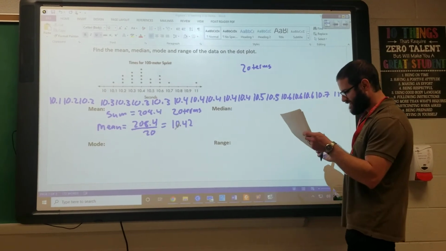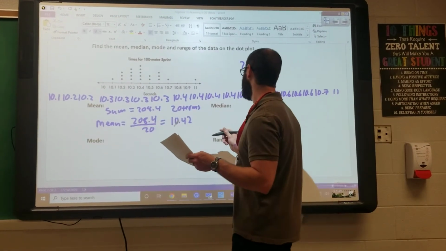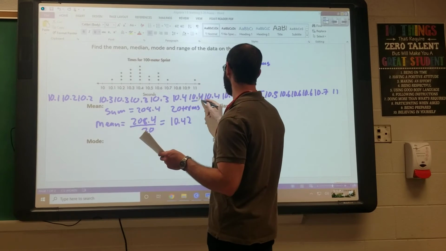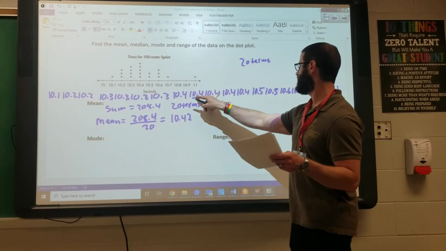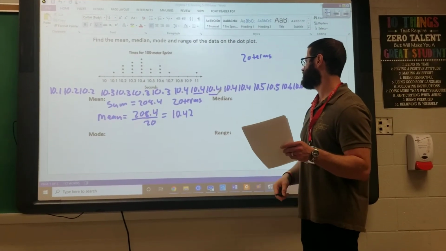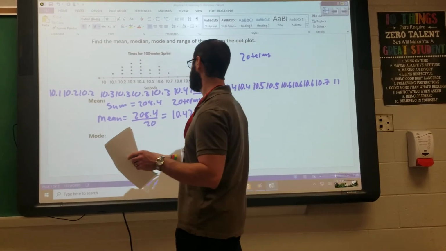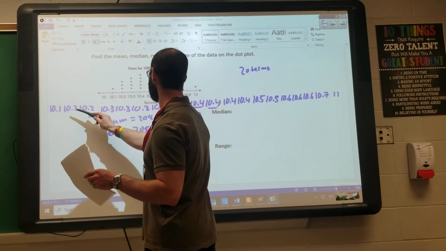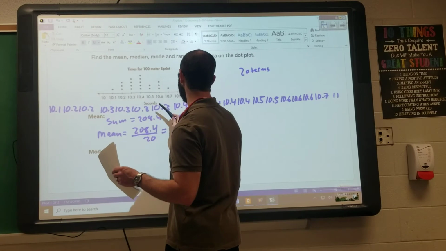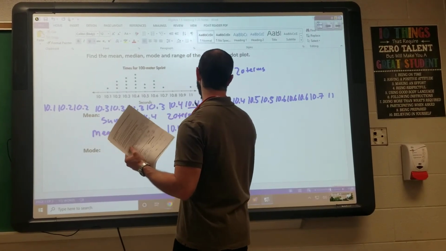If we look at the data set, we're going to see that these two right here, 10.4 and 10.4, are the middle two terms. Because on either side, I have 1, 2, 3, 4, 5, 6, 7, 8, 9.